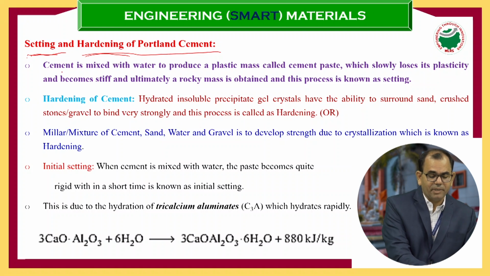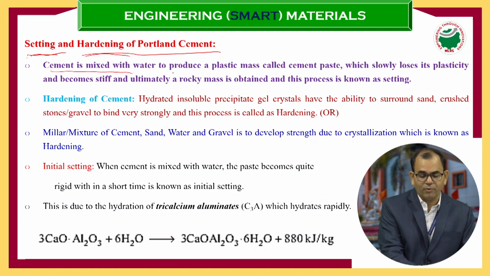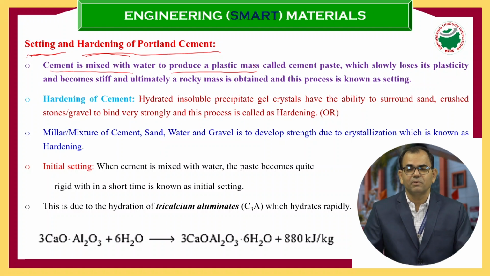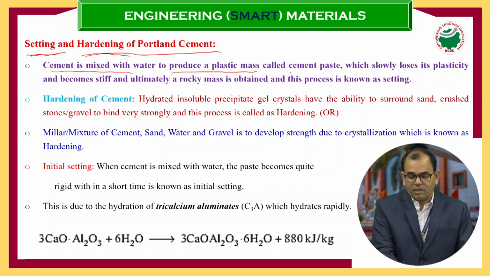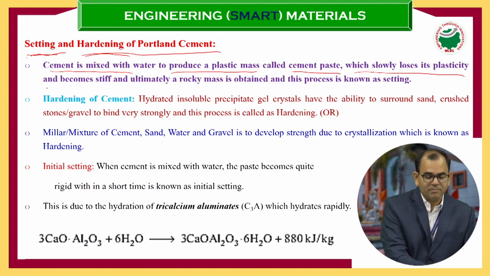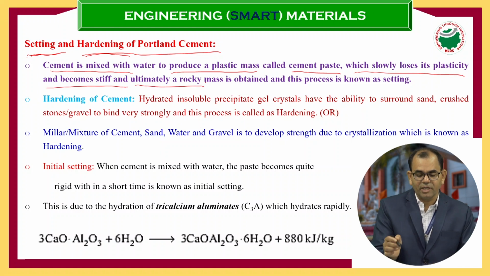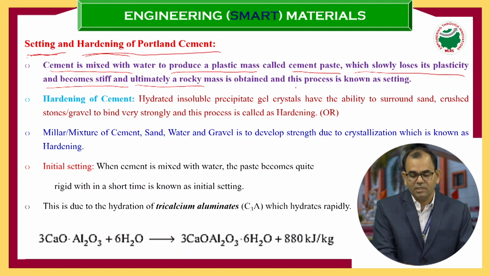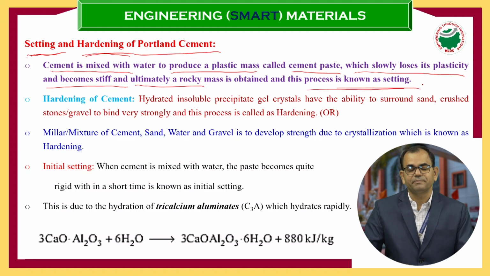Before that, cement is mixed with water to produce a plastic mass, which is a semi-viscous, liquidous mass. The cement paste slowly loses its plasticity and becomes stiff, and ultimately a rocky mass is obtained. This process is known as setting.